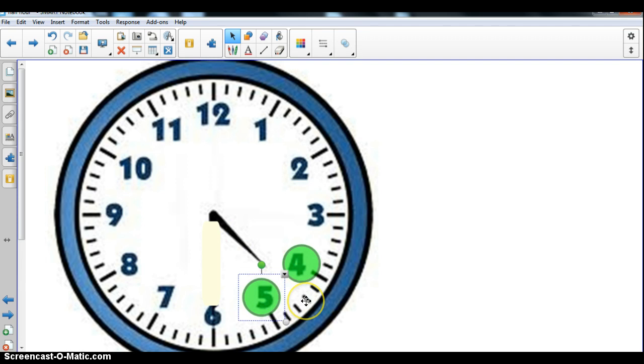It's not on the 4, it's not on the 5, but remember, if the hour hand is moving this way, the hour hand has moved past the 4, and think in your head, which is the smaller number? Is 4 smaller or is 5? We're going to say 4 because it's past the 4 and it hasn't reached the 5 yet. 4 is the smaller number, so that's the number we're going to say for the hour, 4.